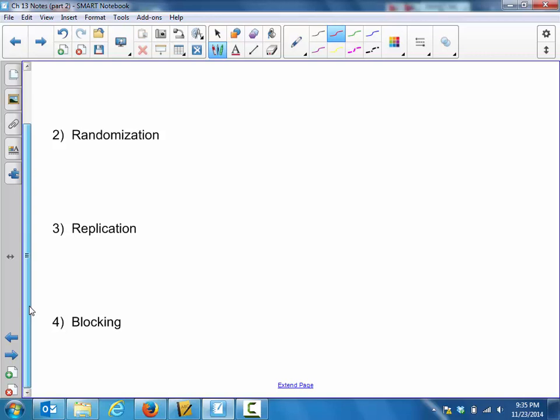Well, if I have 30 people and 10 of them are already tall before I conduct the experiment, 10 are mid-height and 10 are short, I would block them so that my group of 30 is going to be subdivided into those 3 groups.